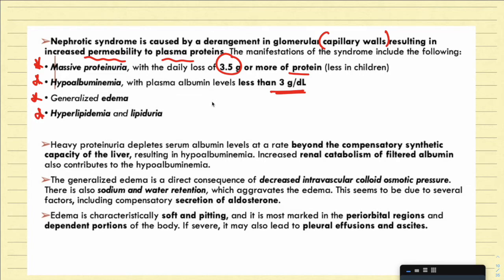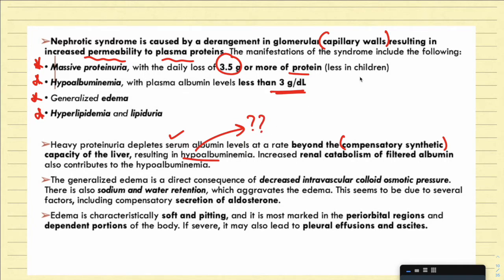Now, heavy proteinuria is going to deplete the serum albumin level at a rate beyond the compensatory capacity of the liver, and this is going to result in hypoalbuminemia. So you should be able to answer what is the cause of hypoalbuminemia.